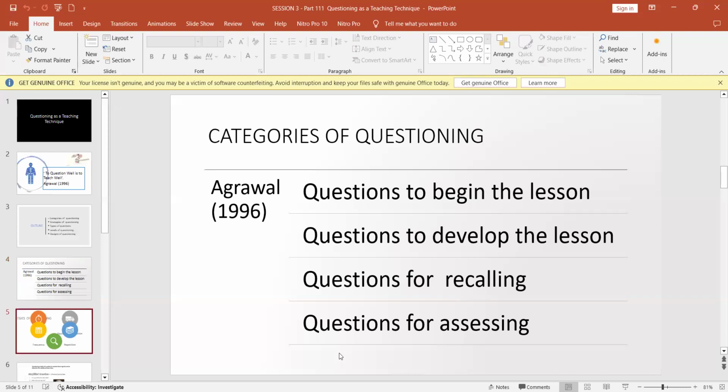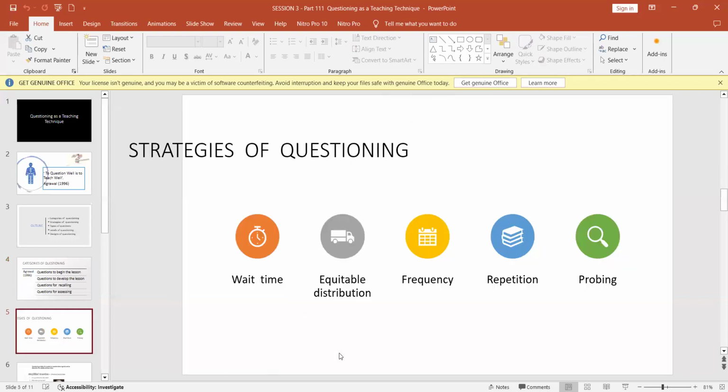We'll come to the next one. Okay, next one. Strategies for questioning. What is it? Strategies for questioning. Now, strategies for questioning, there are 5 main strategies of questioning.